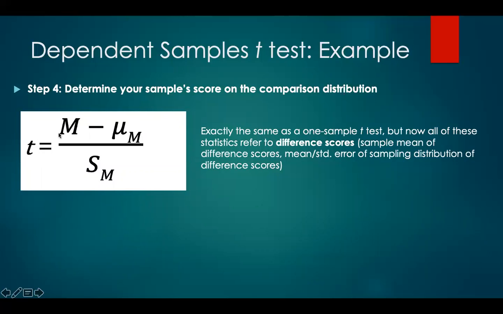So here, the t value equals our mean of different scores that we observe from our sample, minus the comparison distribution's mean, which is 0, divided by that standard error of the mean. If we plug in our values here, our mean difference score was 0.8 minus 0, the comparison mean of the null hypothesis difference scores, divided by the standard error of 0.4, which yields a t of 2.